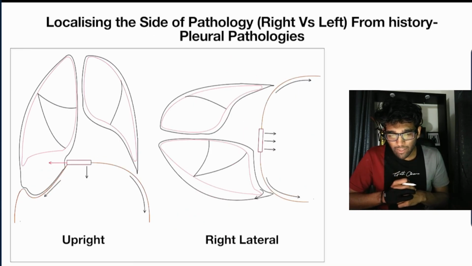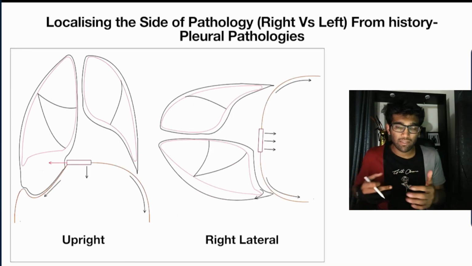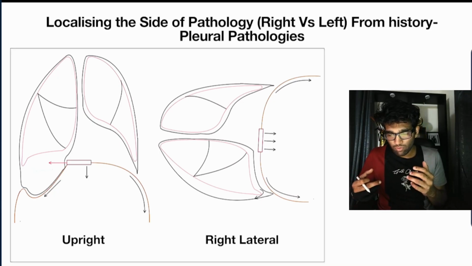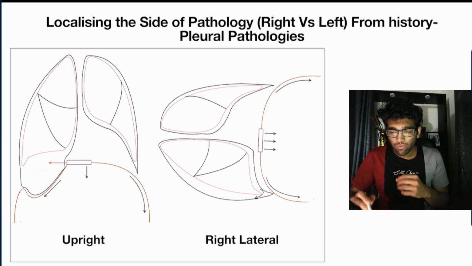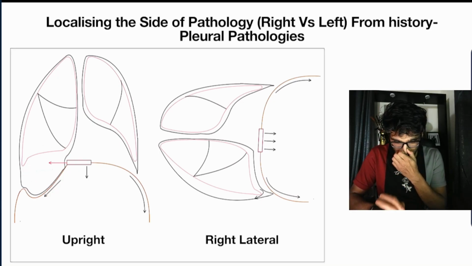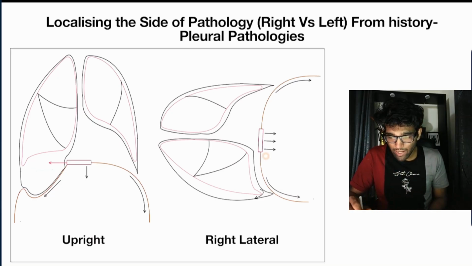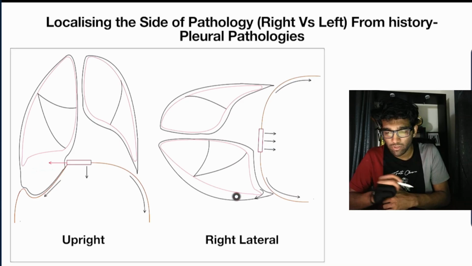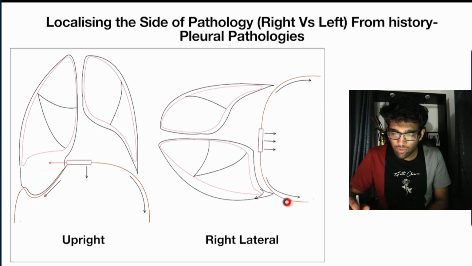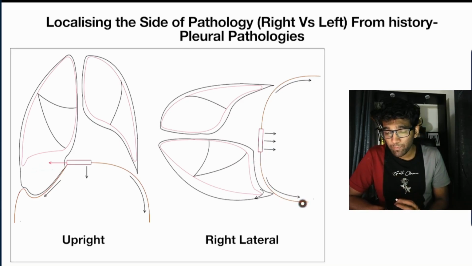Now, importantly, if this patient with a right-sided pleural effusion was to lie down to the right side, what would happen is that this fluid that was there in the pleural space here would actually move into the sulcus, that is the most dependent portion. And as a result, the diaphragm would return back to its normal shape.